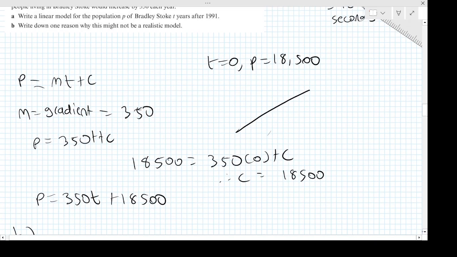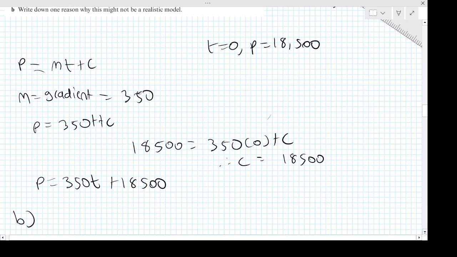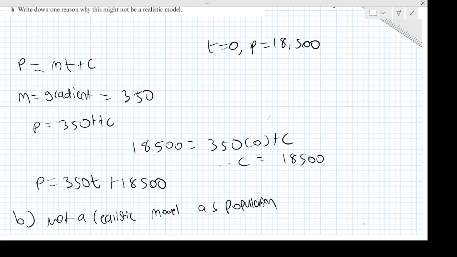Population is very volatile. Loads of things can happen to change the population drastically, up or down, every year. So no, it's not realistic. The population would not increase by exactly the same amount each year.